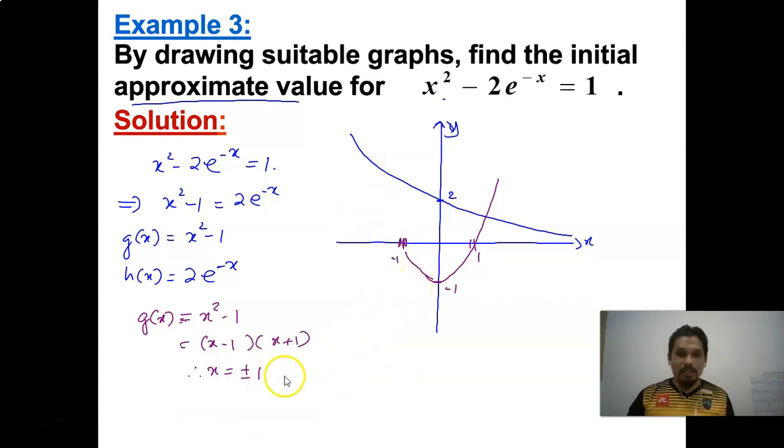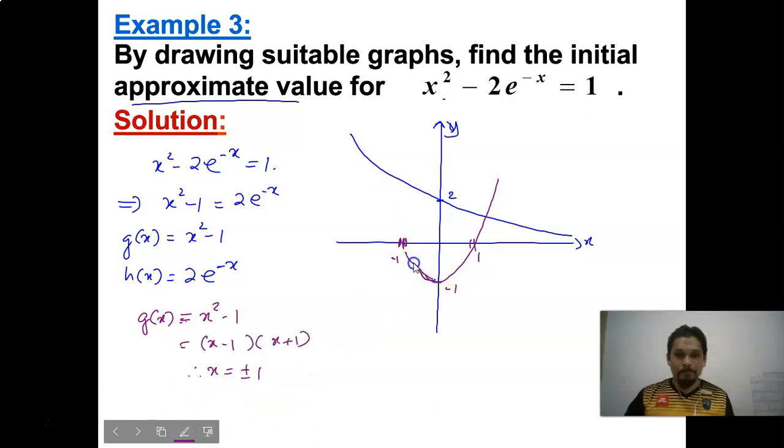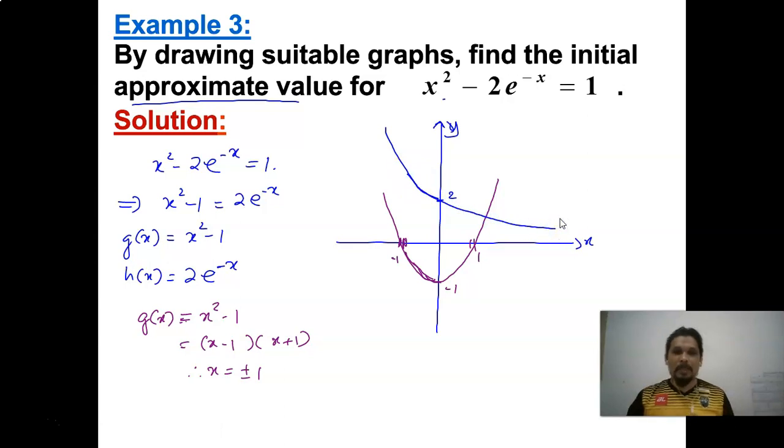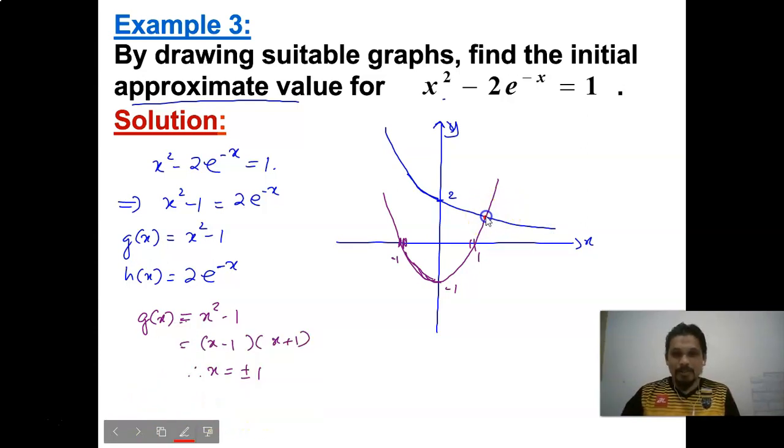If, let's say, this graph did not meet each other, then never mind. I'm sorry for that. We call it bad sketching.